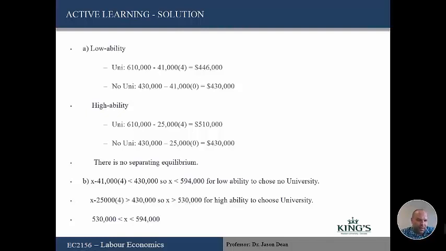Okay, so given the cost that we have, the payment for going to university must be between 530,000 and 594,000. If the pay to go to university is between those two numbers, then you will get a separating equilibrium.